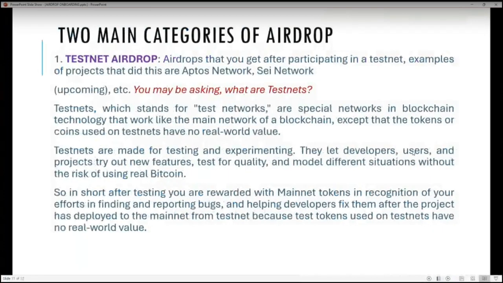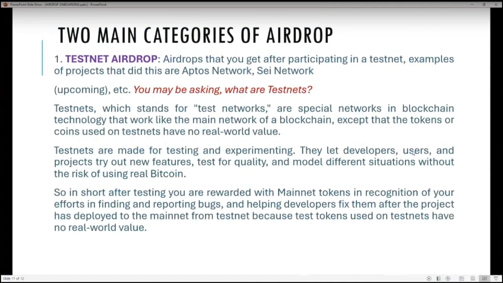Now, the two main categories of airdrops, one of them is testnet airdrops. These are airdrops that you get after participating in a testnet. Examples of projects that did this are Aptos Network and Sei Network. During the Aptos airdrop, I was also a beneficiary.